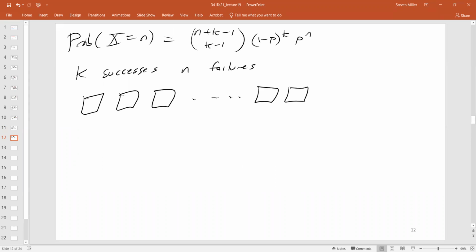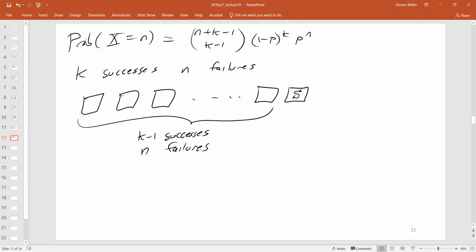What must be the case of the very last toss? It has to be a success. And now over here, we have K minus 1 successes and N failures.